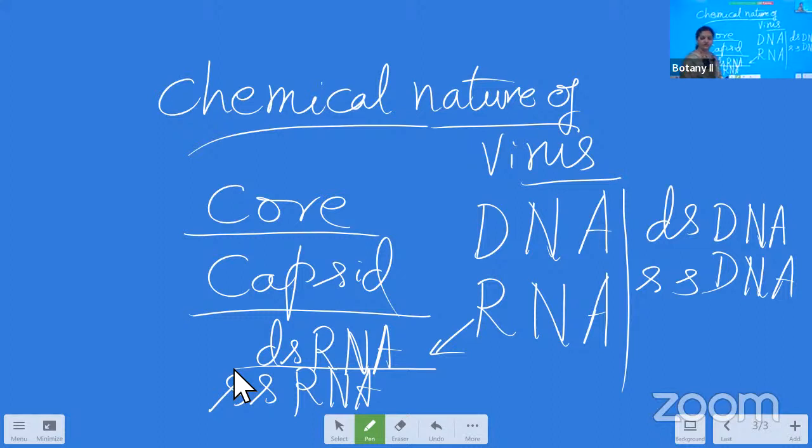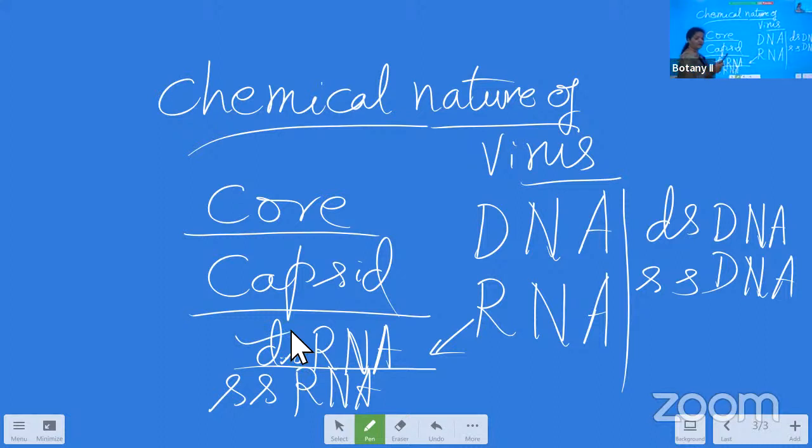Example, HIV. Okay, it is causing the infections to the human beings. Human beings means we are having the genetic material as double-stranded DNA, but the HIV virus is having the genetic material as double-stranded RNA, which is a very dangerous one. So it leads to the death of the organisms only.